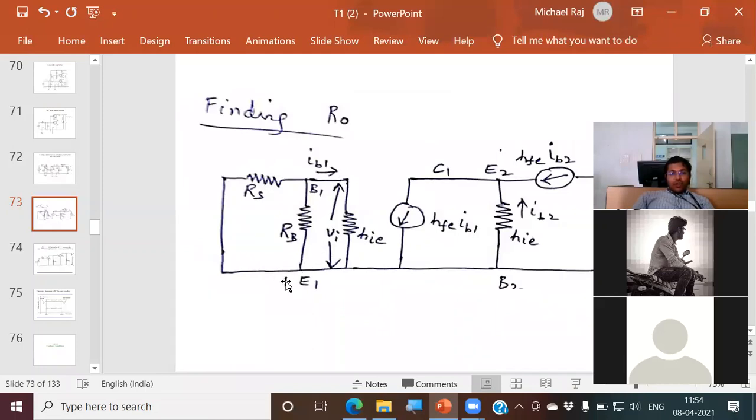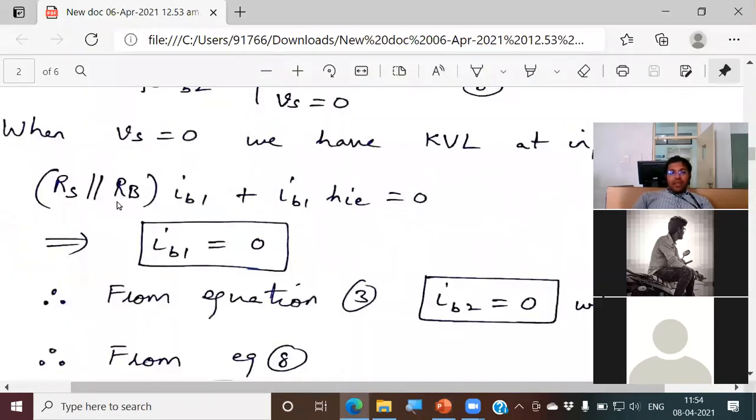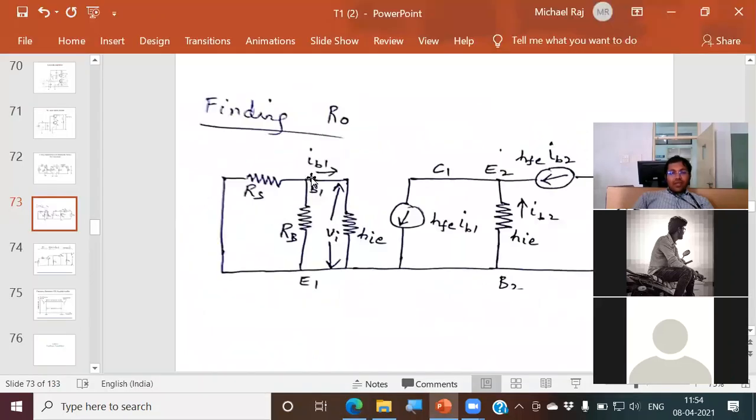So the voltage drop across this single equivalent resistance, that is across B1 E1, is RS parallel RB multiplied by IB1.